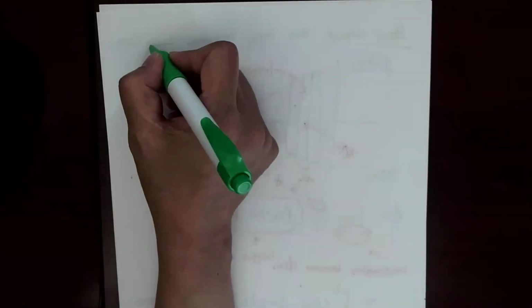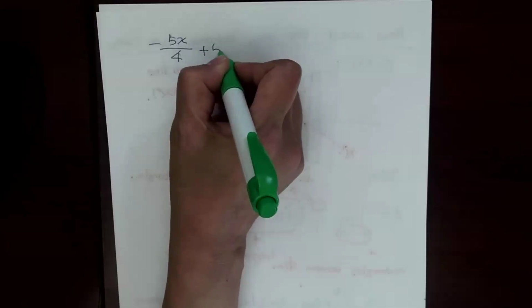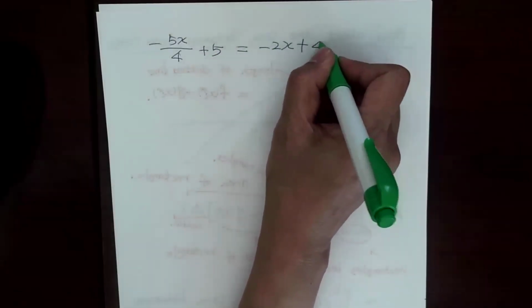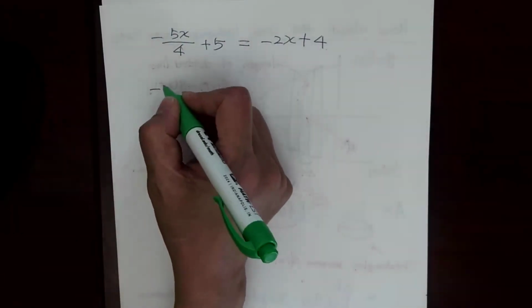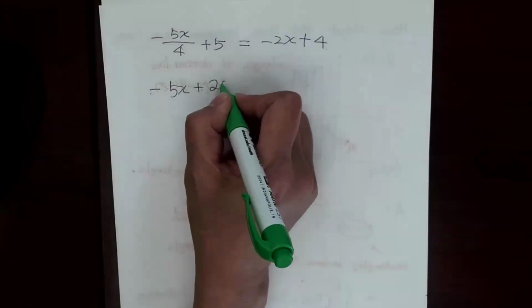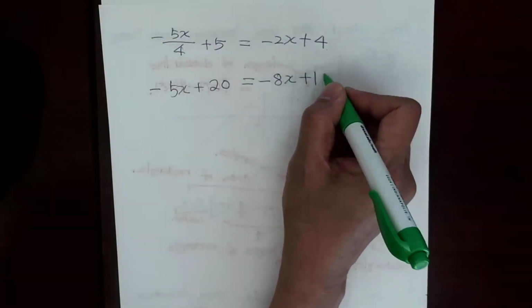At the intersection point, the y values will be the same. So we multiply by 4 on both sides, then we get -5x plus 20 equals -8x plus 16.